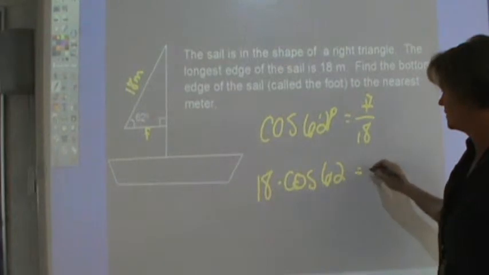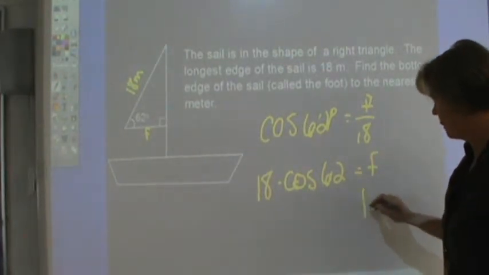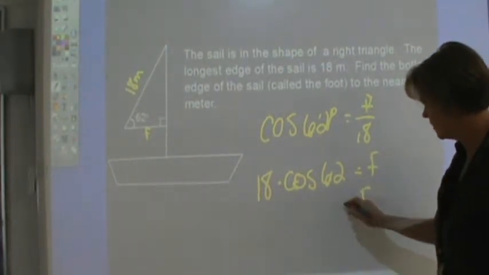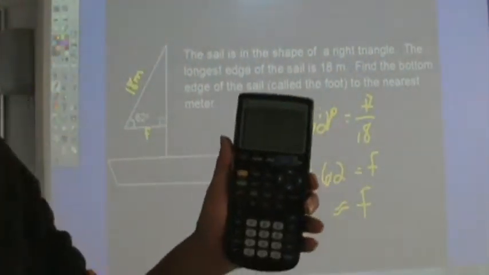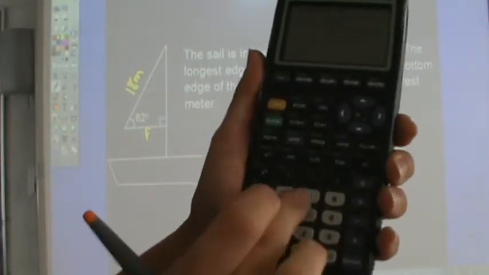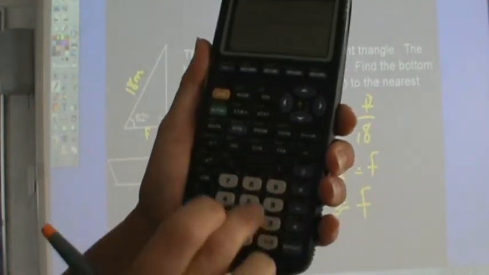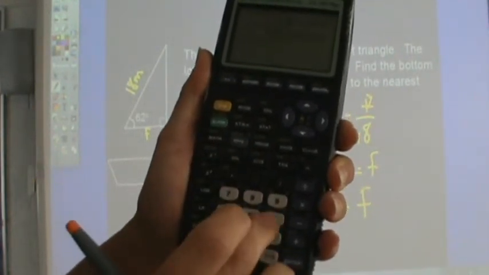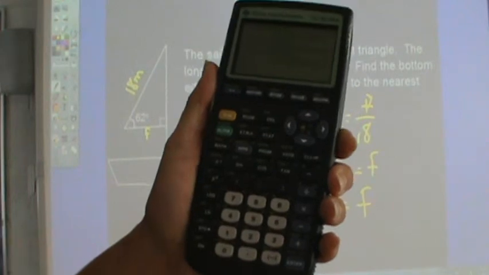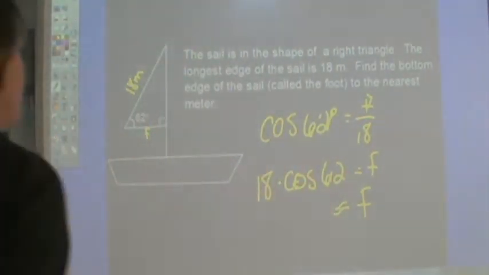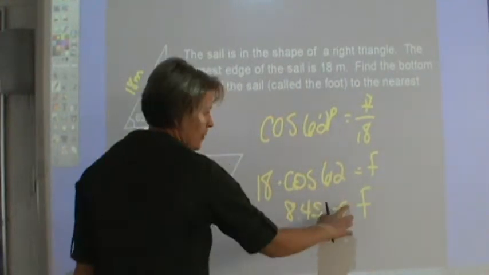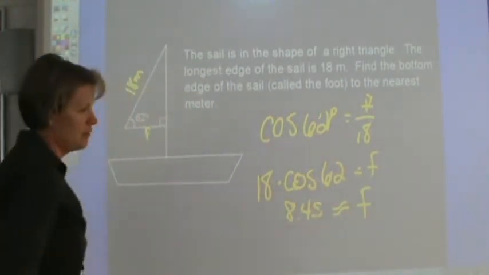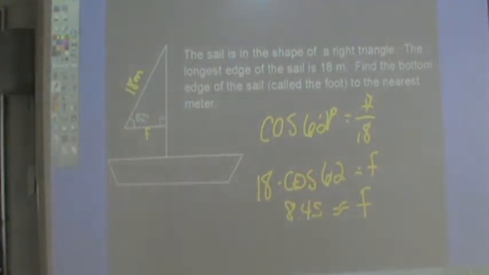And that's going to get us our F. So I get 8.45. Okay, and remember I'm rounding, so I'm going to write my approximately equal to symbol.